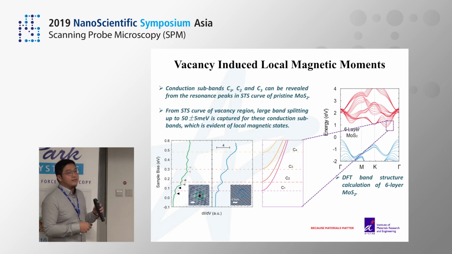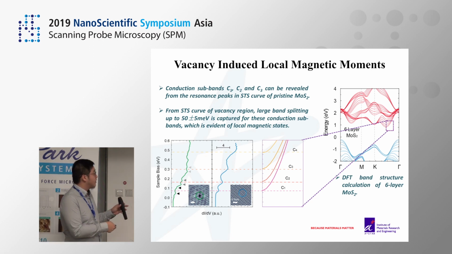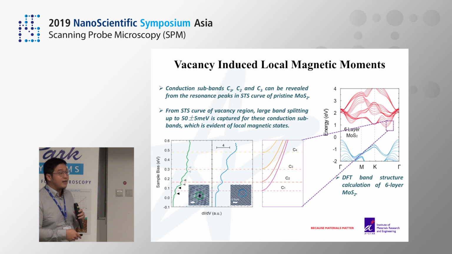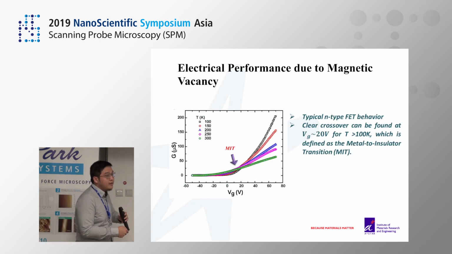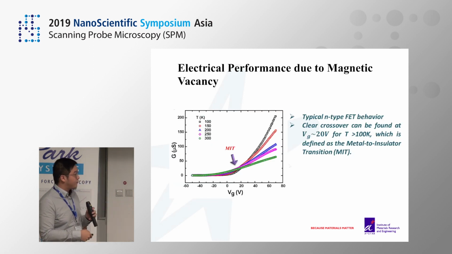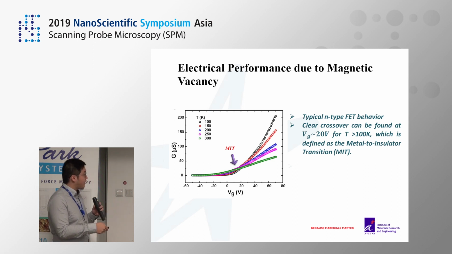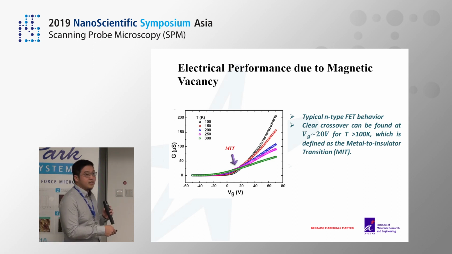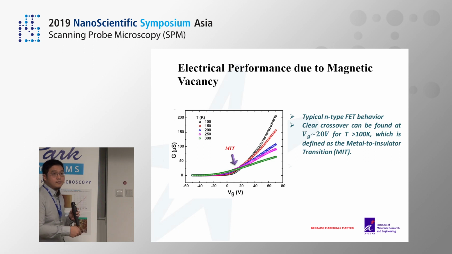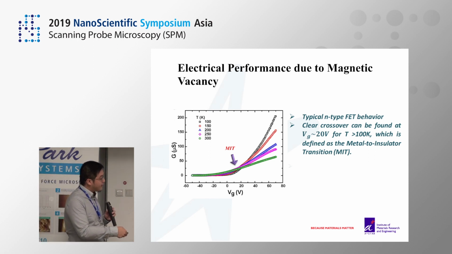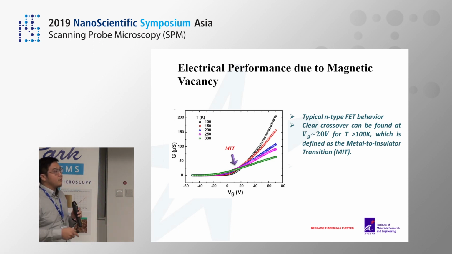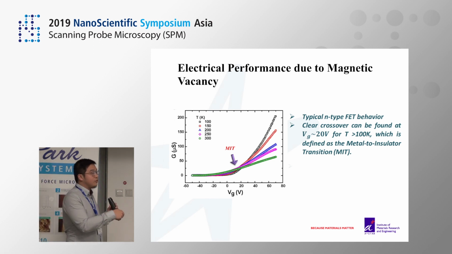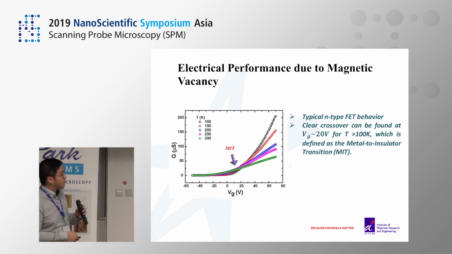So what will happen to the electrical transport, and to the thermoelectric transport, for those magnetic defects? Here we first perform the normal field-effect transfer curve of this MoS2 heterostructure. When we apply a positive gate voltage, we inject electrons into the material, so the conductivity increases.